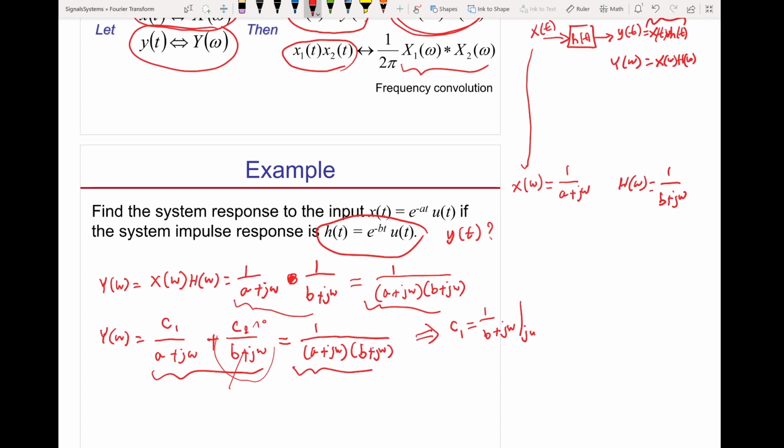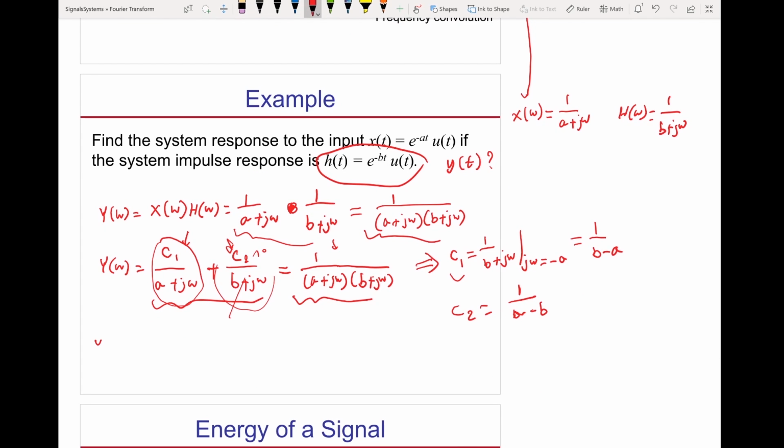Then I set j omega equal to minus a, and when I multiply this term by a plus j omega, I get C1. And this will be 1 over b minus a. Same thing for C2: you multiply every component by b plus j omega and set j omega equal to minus b, and you will end up with 1 over a minus b.